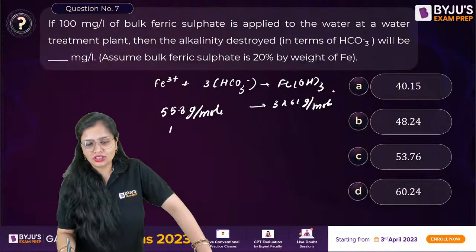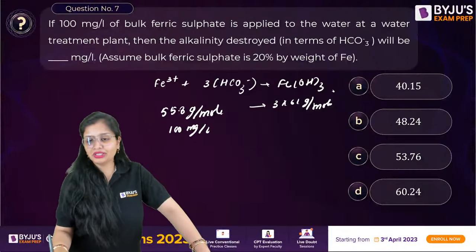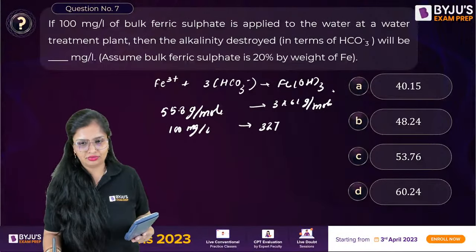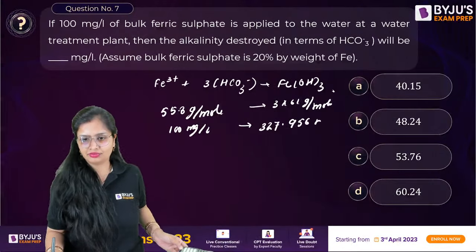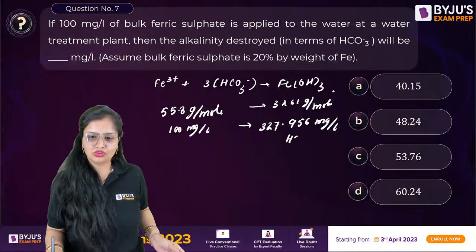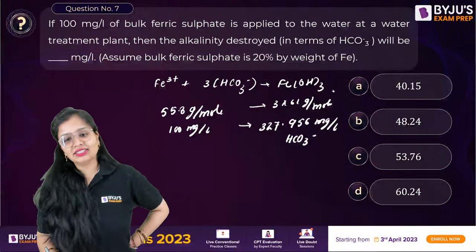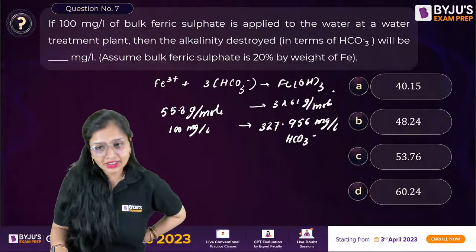So how much was there? 100 mg per liter. How much was I getting? 327.95 of HCO3 minus. Now, this would have been your answer, but one thing is written.